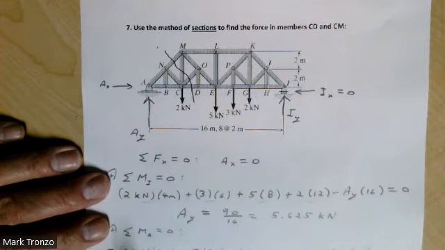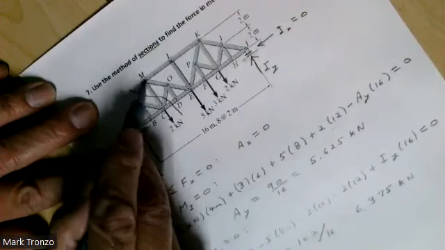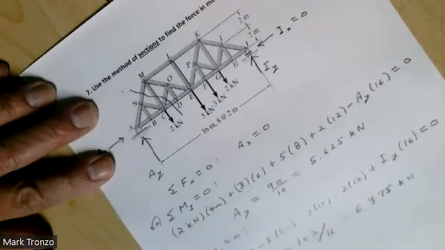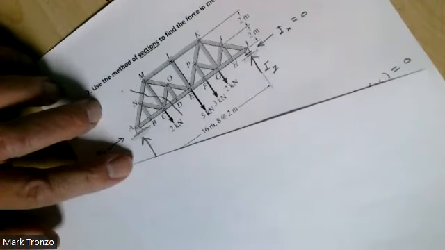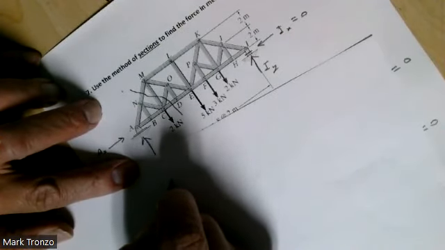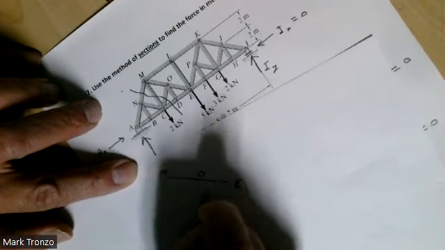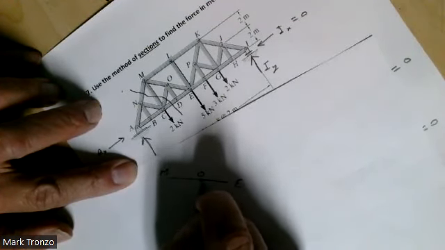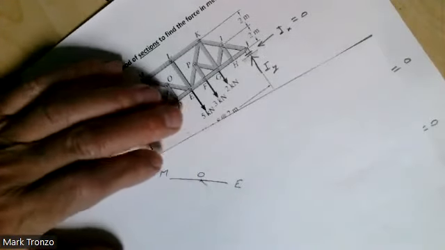So now, if that's 0, if you turn this around and look at this member right here, let me make another little sketch of that. If we look right across here, turn this sideways, you have MO, and we determined that this OD is 0, so we didn't even have to show it.